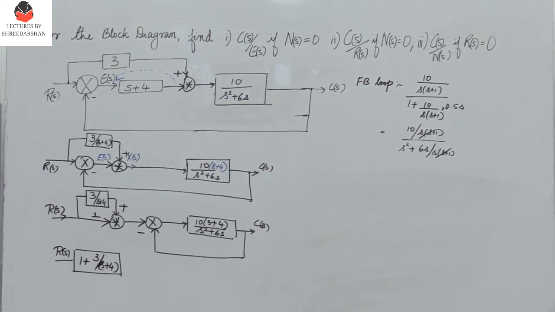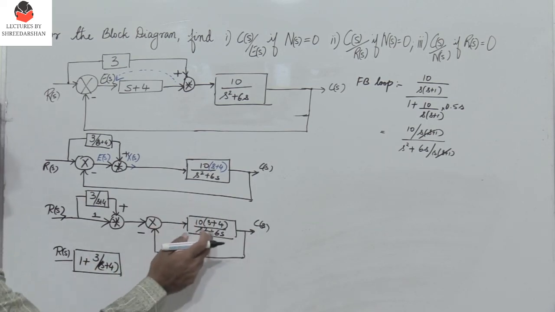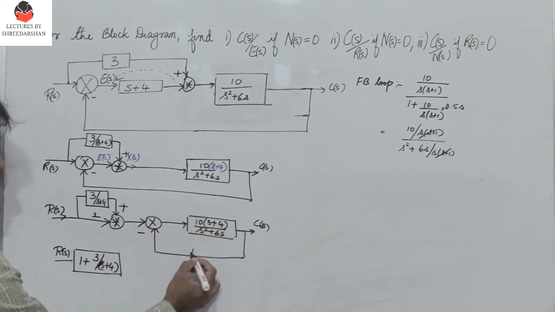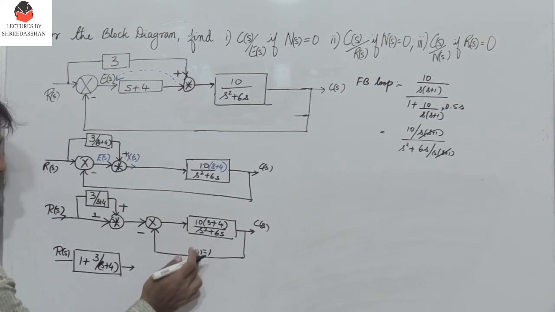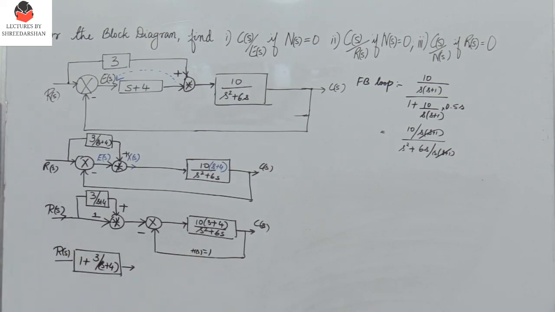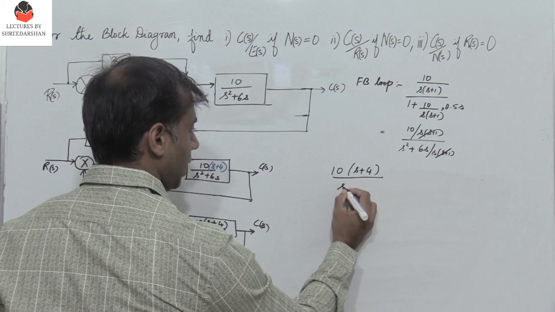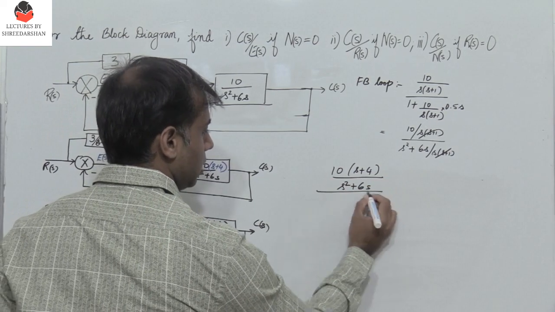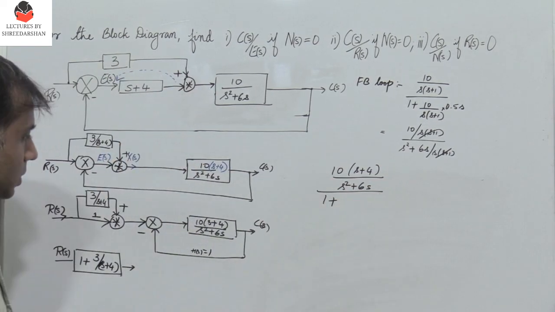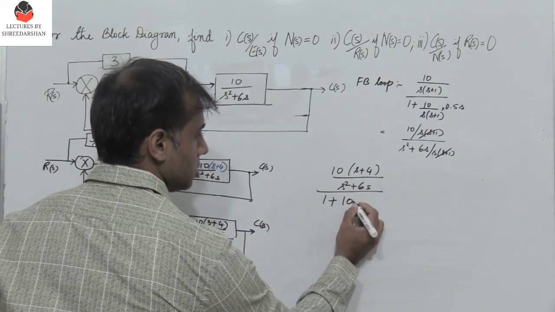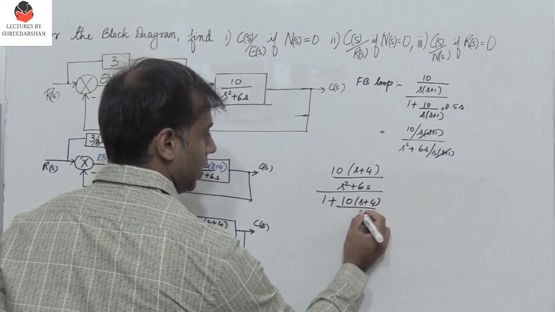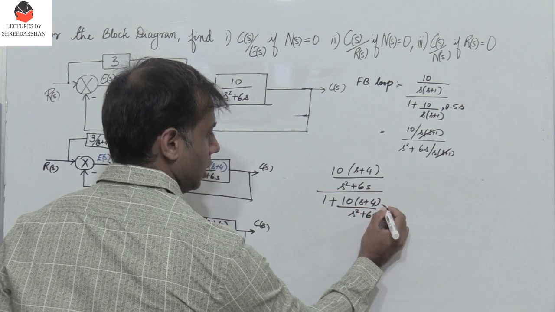And then here I need to apply the feedback loop. If this is G(s), this is H(s), this is equal to 1. So we have G(s) divided by 1 plus G(s)H(s), because I have a negative sign here. If I simplify that, we have 10(s+4) divided by s²+6s, divided by 1 plus this function (s+4) divided by s²+6s into 1.